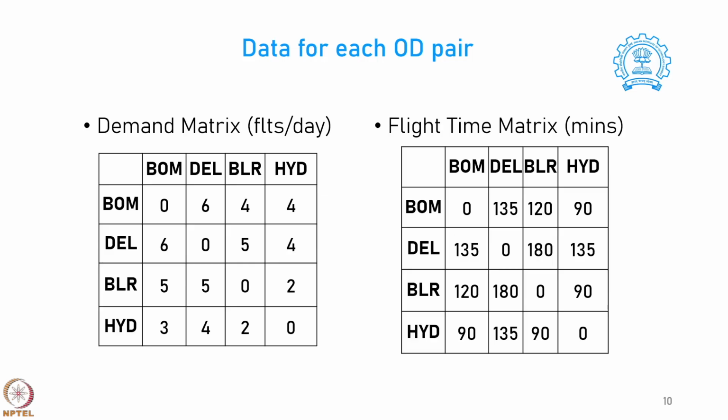There are 6 flights demanded per day, but the flight time is only 135 minutes, less than for Bangalore-Bombay. Plus, since it is a higher priority than Bangalore to Bombay or Bangalore to Delhi, we will try to push more flights between Bombay and Delhi, and then subsequently between Bangalore and Delhi and Bangalore and Bombay, and later on between Hyderabad to Bombay, Bombay to Hyderabad, and Bangalore to Hyderabad, Hyderabad to Bangalore.